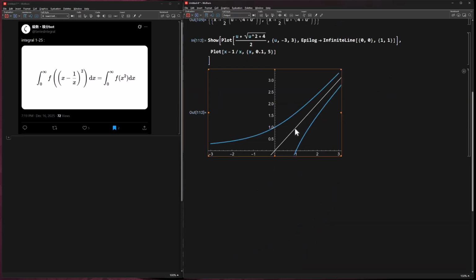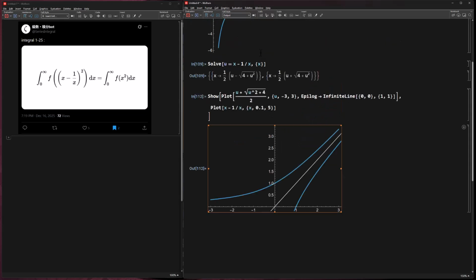This function looks the same, but it is just a reflection with respect to y equal to x. So in this way, we should always pick this branch as the inverse function.